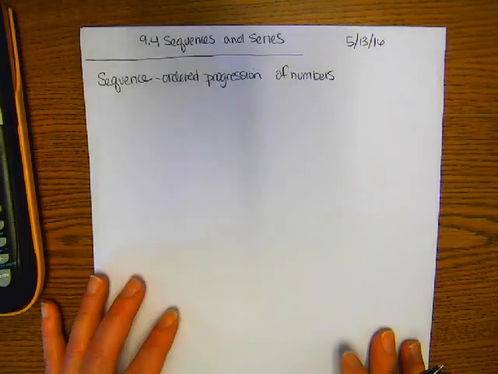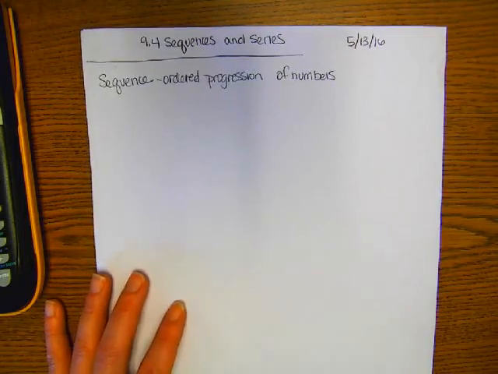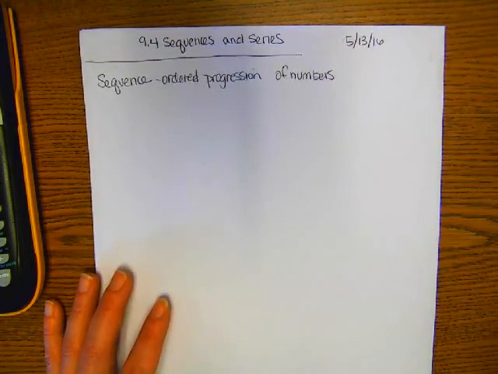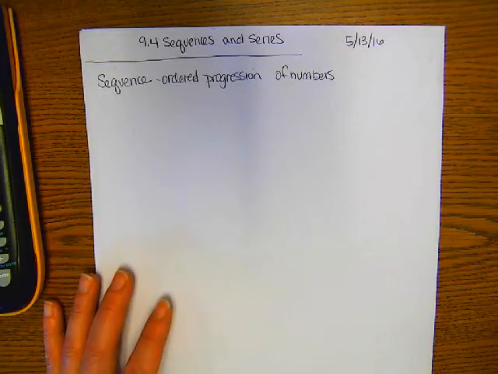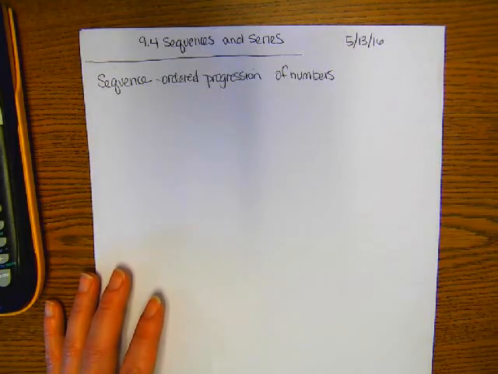And by an ordered sequence of numbers, I mean that you can really do anything that you want with them. Let me give you some and see if you can figure out the patterns. Then we're going to talk about what it means to be specifically arithmetic or geometric.